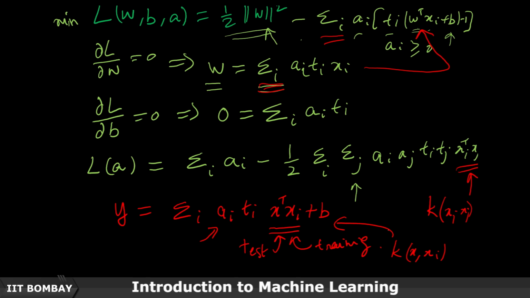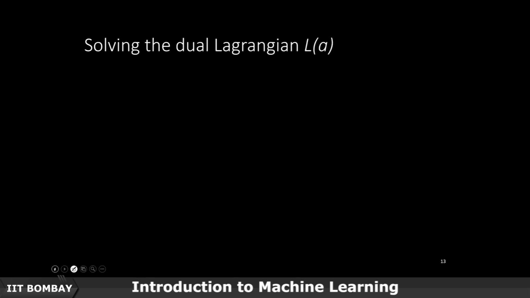Now we can replace this kernel function by any function that is a Mercer kernel, which satisfies the property that its Gram matrix is positive semi-definite. Okay, so now let's get back to the Lagrangian a little bit and look at some conditions that come because of the Lagrangian.